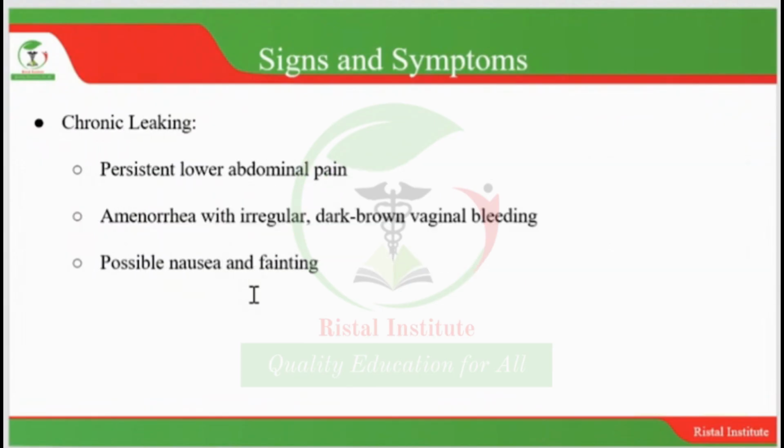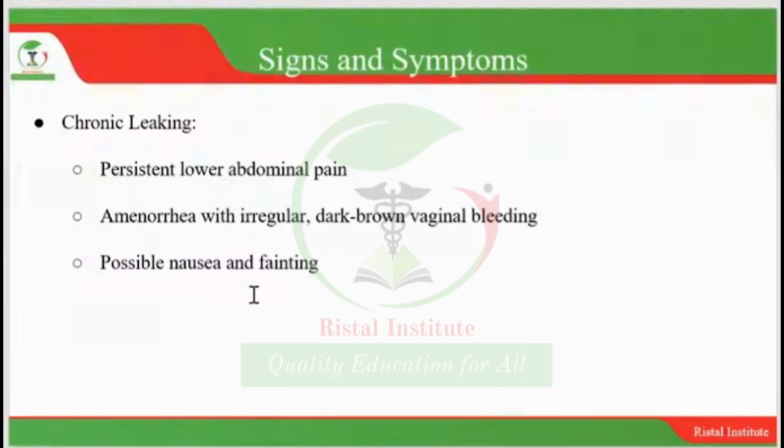Chronic leaking, persistent lower abdominal pain will be experienced. Amenorrhea with irregular dark brown vaginal bleeding. So this can happen when the pregnancy is ectopic, but the mother has some bleeding, and normally, because of course the location is not the normal one, the mother gets that chronic leaking.